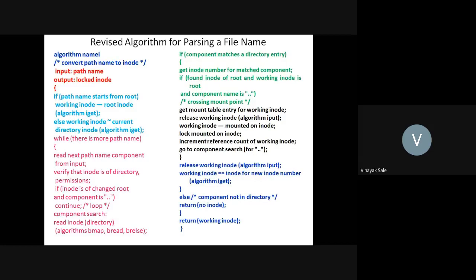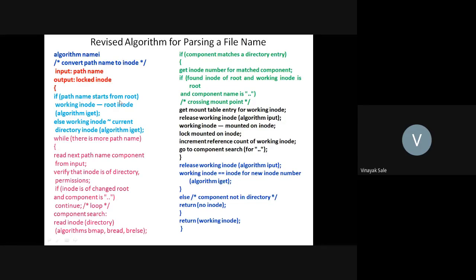Then this is the algorithm for parsing a file name. Algorithm namei, which converts a path name to an inode. Input: path name. Output: locked inode.